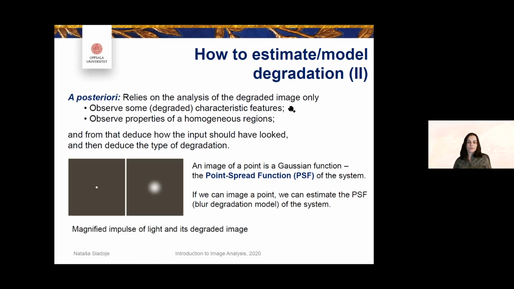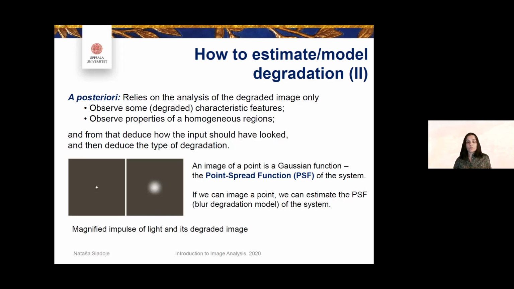So we only have an image, and what we can do is to try to figure out from some details in this image how some characteristic features should have looked without the degradation. So instead of knowing that, as in the previous set of a priori cases of degradation estimate, now we have to know enough about these details to know how they would look without degradation.